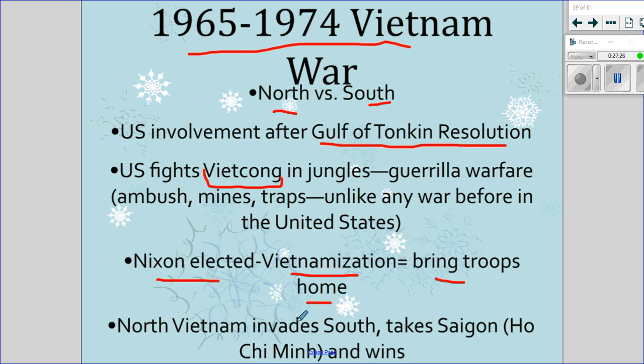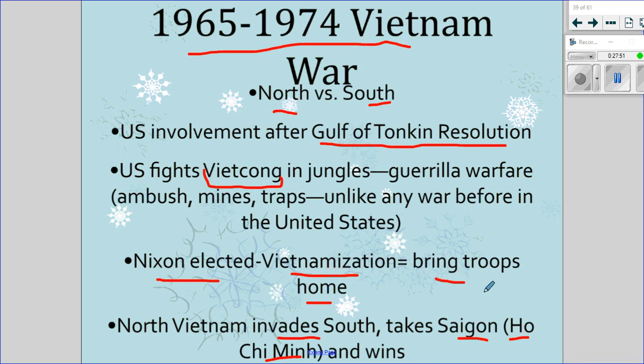North Vietnam, after the United States pulls out, invades the South, takes the South Vietnamese capital of Saigon, and Ho Chi Minh, the leader of North Vietnam, wins. Now, the United States, while it was in Vietnam, won every major battle that it engaged in. However, Ho Chi Minh famously said, we were willing to lose the war longer than you were willing to win it.